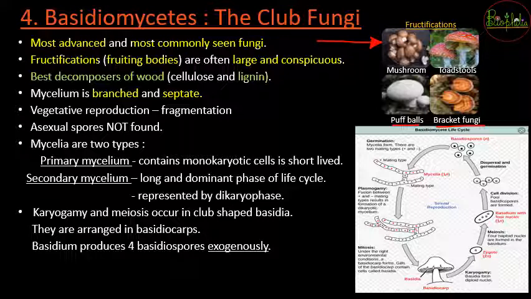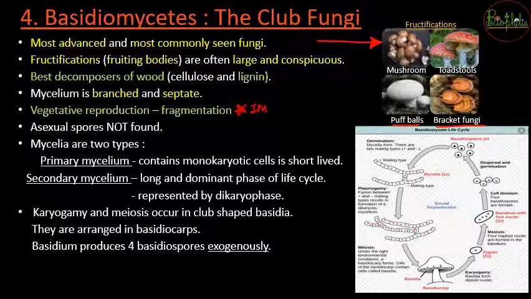Now here a very important point, that is vegetative propagation or vegetative reproduction is going to be seen in Basidiomycetes, that occurs by fragmentation. So this is a new point that you need to remember about Basidiomycetes.